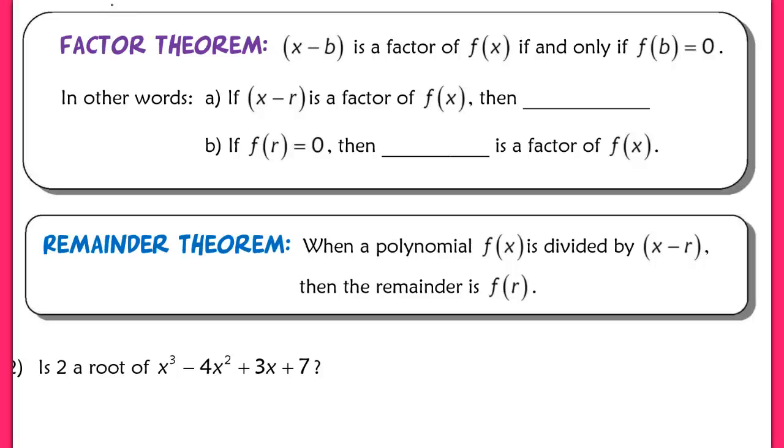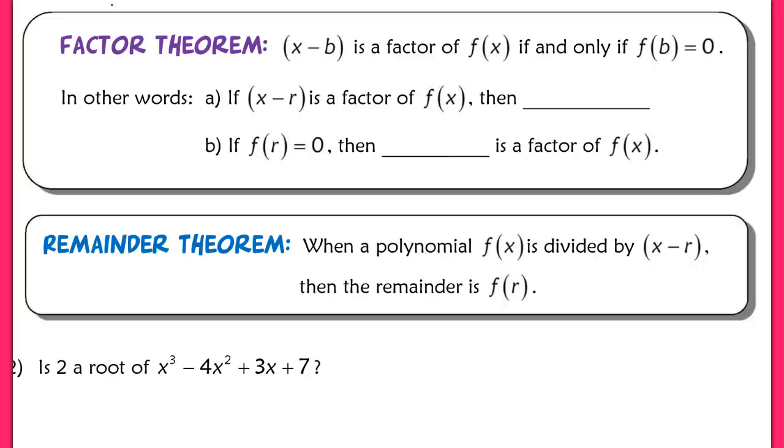Okay, next up is the factor theorem. This is a really important concept for the rest of this lesson. Essentially, x minus b is a factor of a polynomial f of x if and only if f of b equals 0. So it's reiterating what we talked about with the definition of a root, but now we're talking about factors.